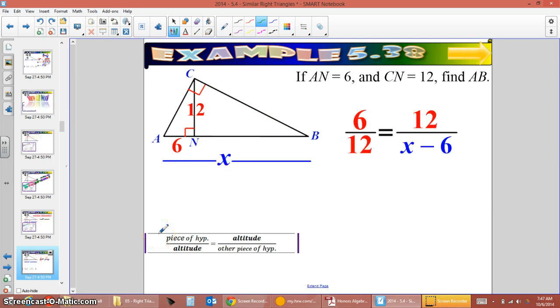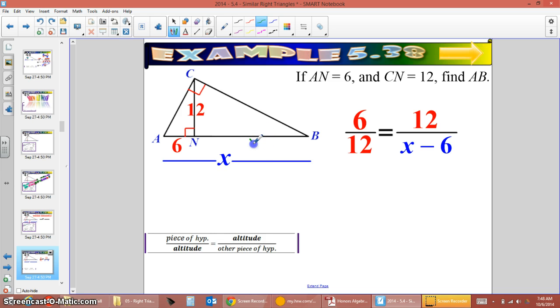So when I use that equation, I start plugging in pieces of information. The 6 is a part of my hypotenuse, 12 is my altitude, and now this isn't x, okay? What this part of the hypotenuse is, is x minus 6. Now there's a lot of different ways we could have done this, okay? I could have labeled my variable here.